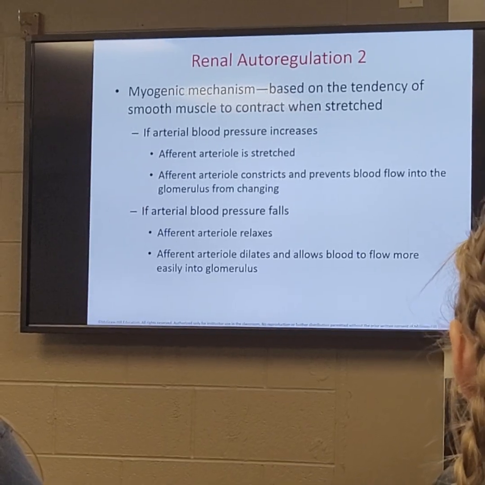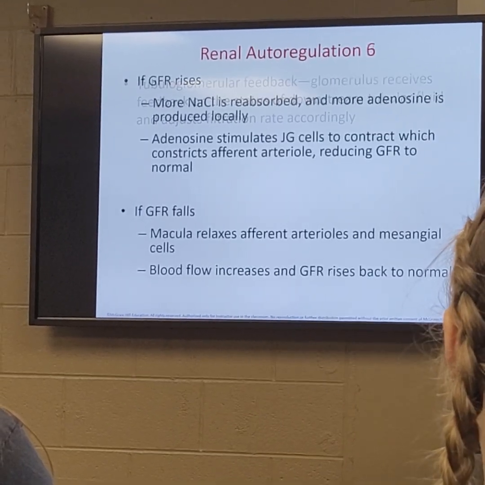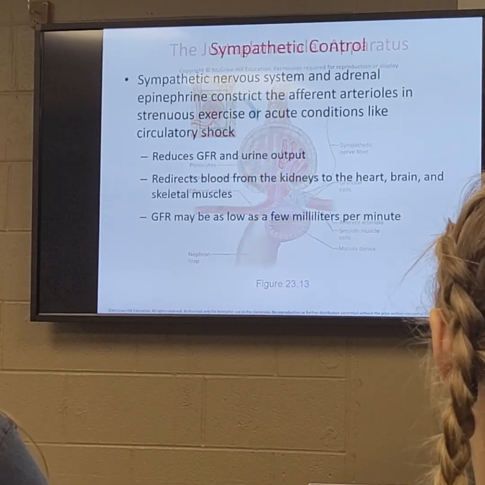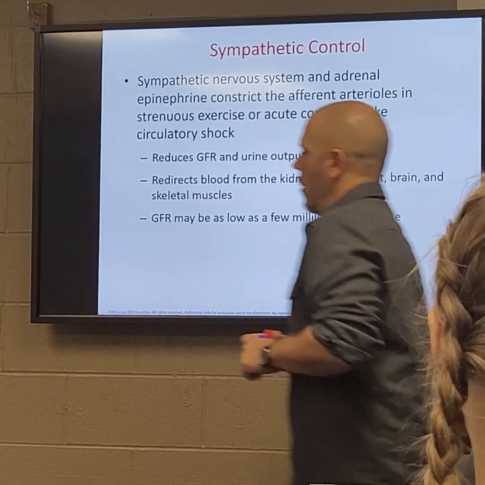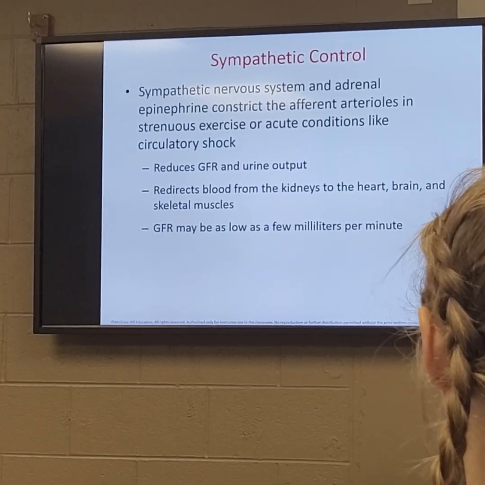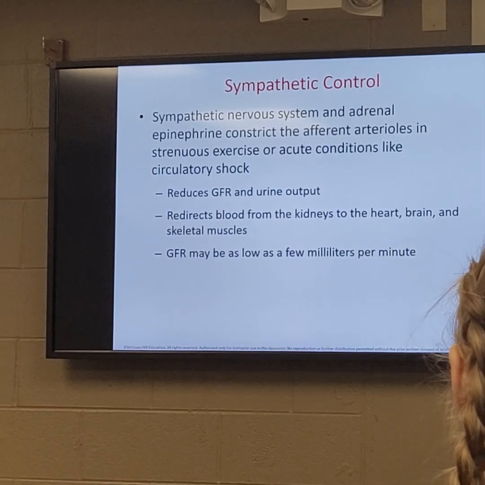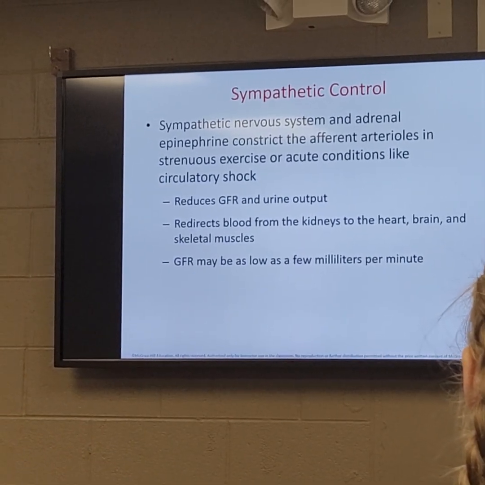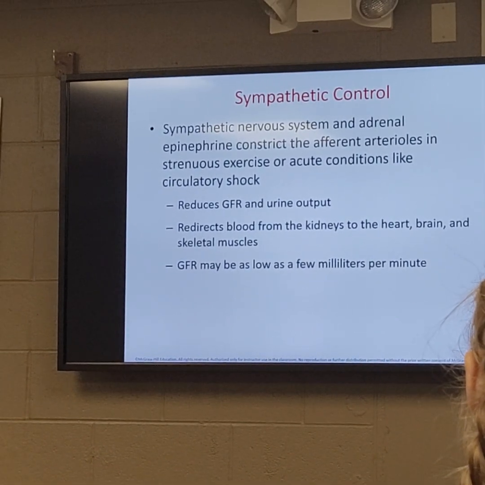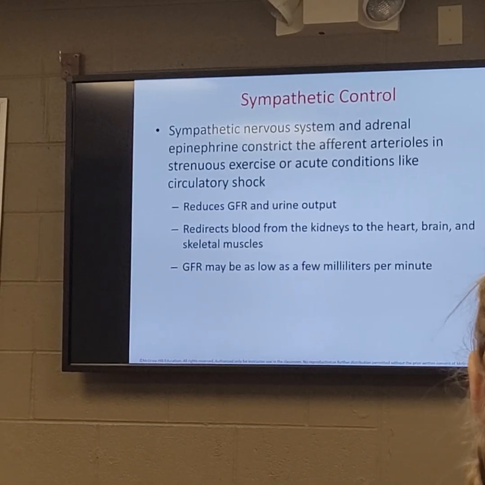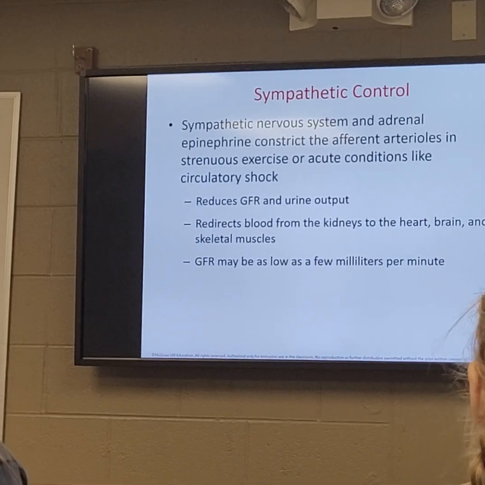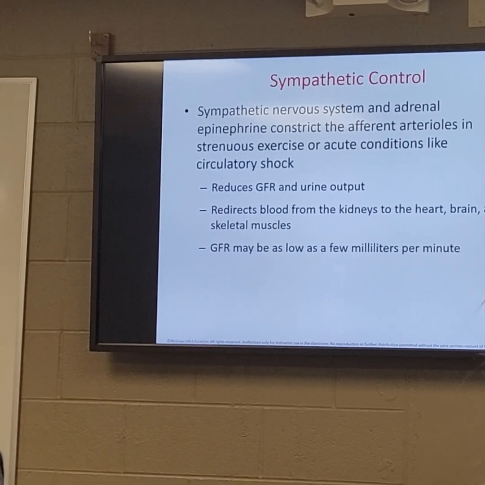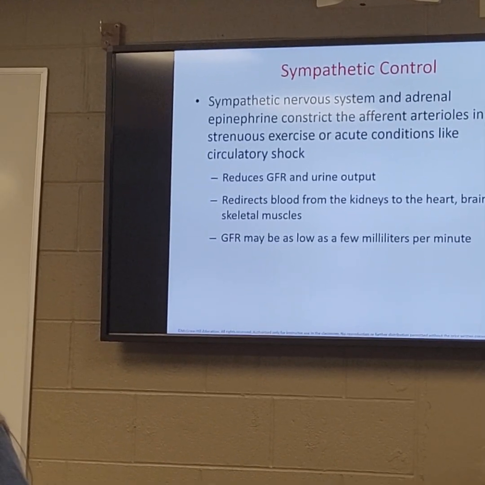We're going to go through the sympathetic mechanism first. Let's go way back to maybe week 1 of class and think about the differences in the parasympathetic commands of the nervous system versus the sympathetic commands.